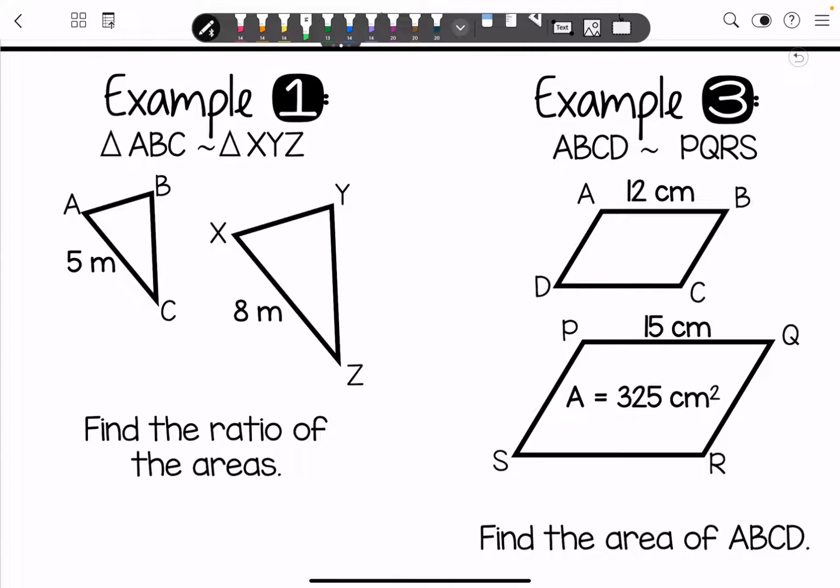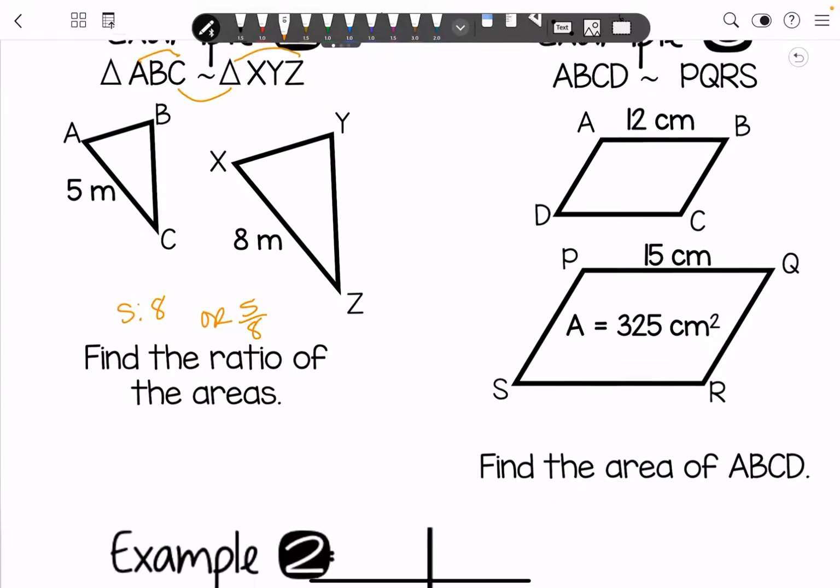So in this case, I've been given my side lengths. ABC is similar to XYZ. We've been given AC and XZ. Those two are corresponding sides, so we can figure out that it's going to be 5 to 8, or you can write it as a fraction.